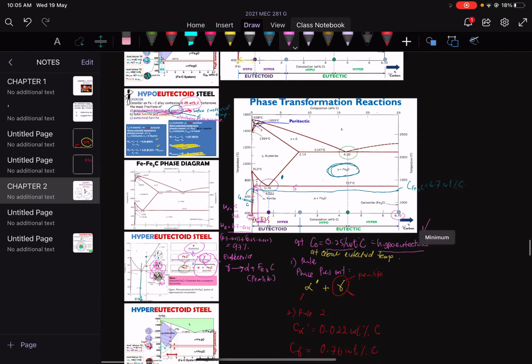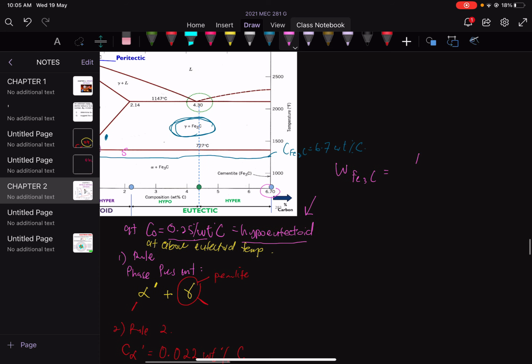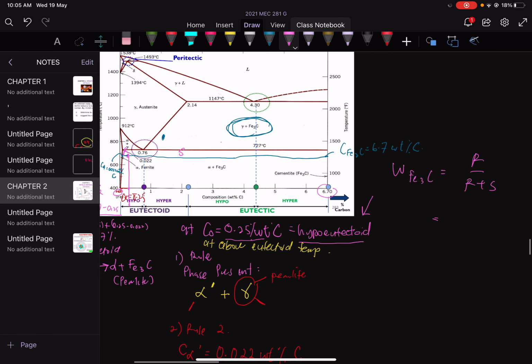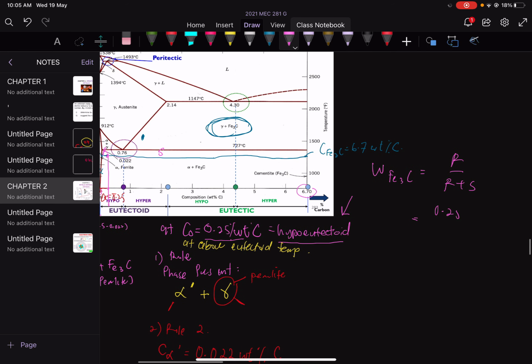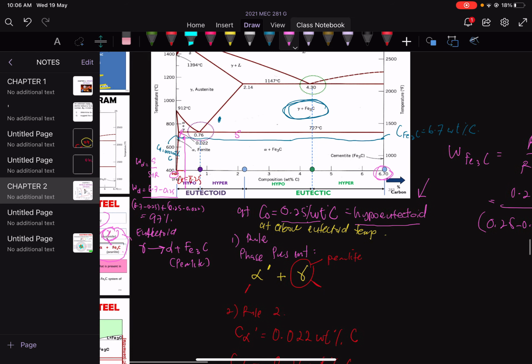Okay, so if we were to find the weight fraction of cementite, okay, it is R over R plus S. So R just now is 0.25 minus 0.022 over 0.25 minus 0.022 plus S, our S is 6.7 minus 0.25.